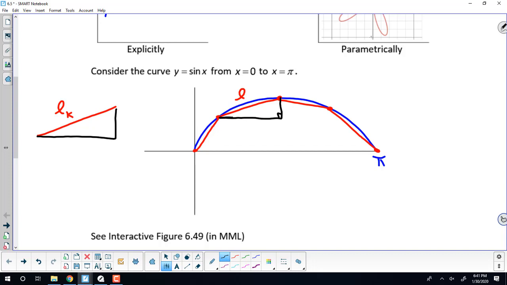This distance here, notice it's just a distance in the x direction, right? So all of that's going to vary. We're just going to simply label that as delta x first. It's a change in the x values. Same thing with the y. We're going to label that delta y, because it's just the change in a y value.